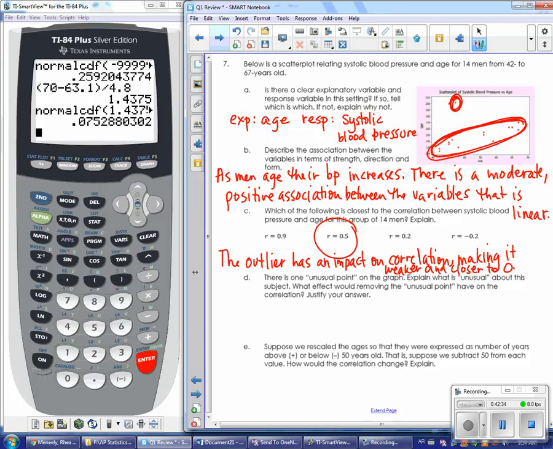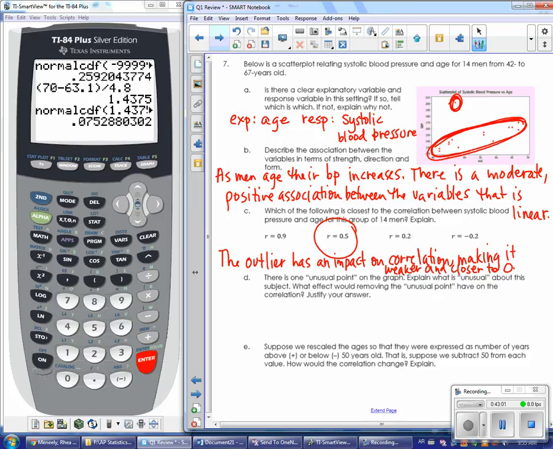Okay. That way we're being specific. Because sometimes when you say the correlation is strong or weak, when we're describing the correlation coefficient, like if it's a negative association and you say that the correlation is going to get higher, you really mean that it's getting closer to -1, which doesn't make a lot of sense because if you're going in the negative direction, you're actually getting lower. So sometimes it's just easier to describe what is happening to the R value. And in this case, the outlier is going to cause R to approach 0.